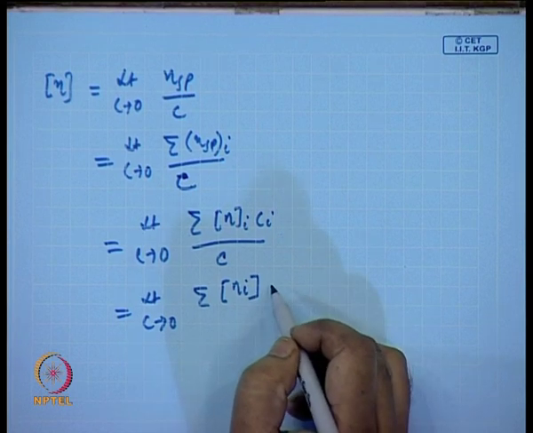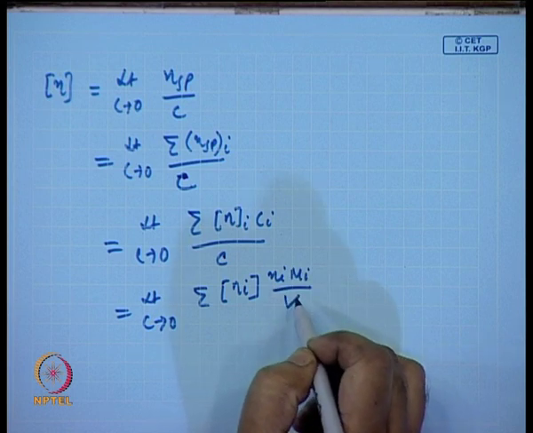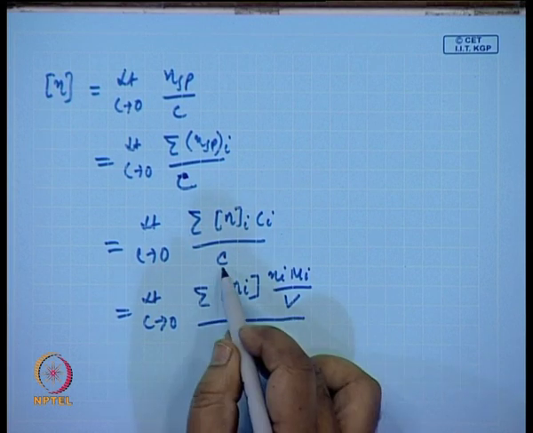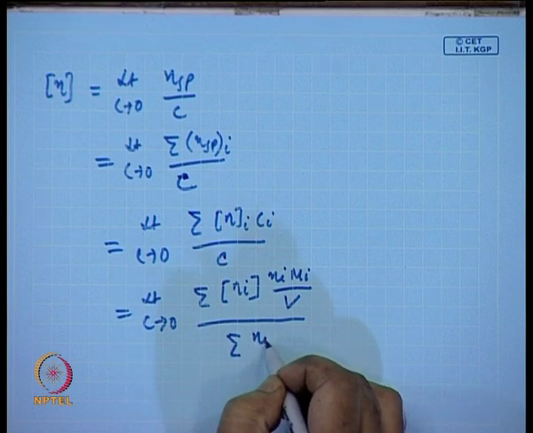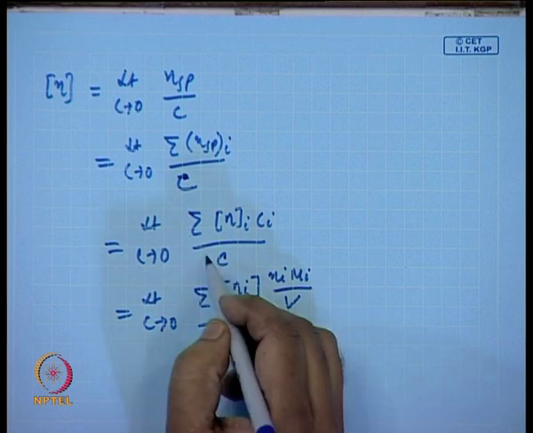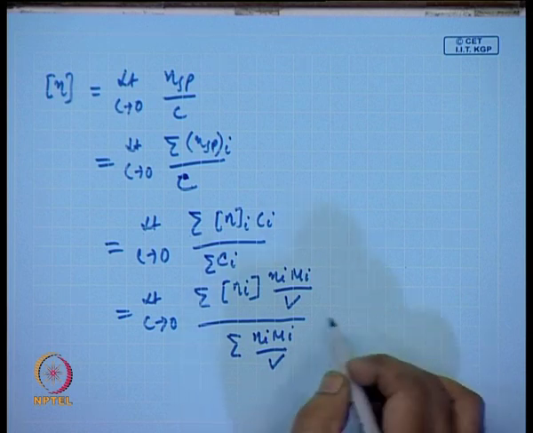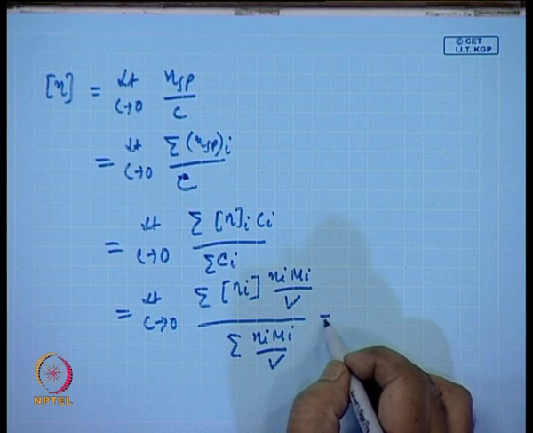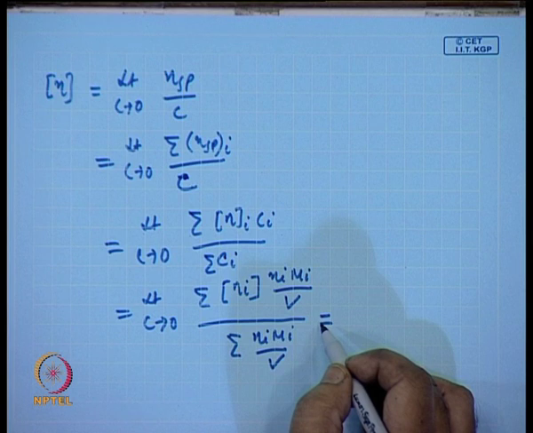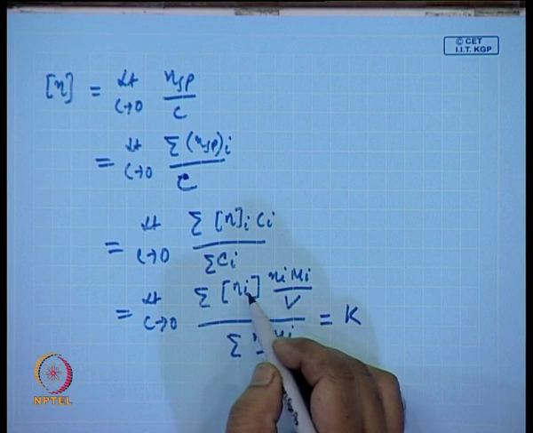You can write the value for c_i as N_i M_i by V, and c is basically the summation of c_i, so you can write the summation of N_i M_i by V. And eta_i is K M_i^a.